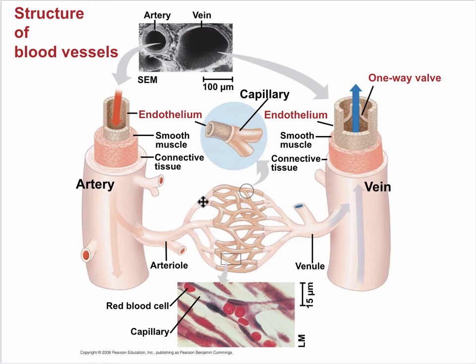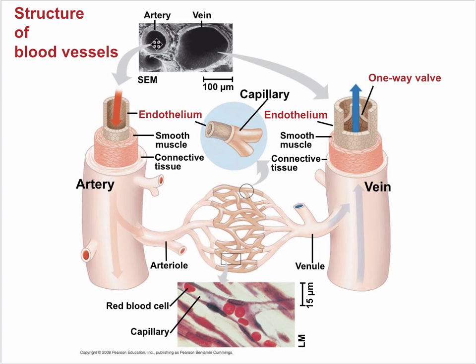Notice that the structure is similar in both. The electron micrograph at the top up here shows the distinct differences in their structure relating to the function, namely that the walls of arteries tend to be thicker, the lumen or the interior tends to be narrower compared to veins.